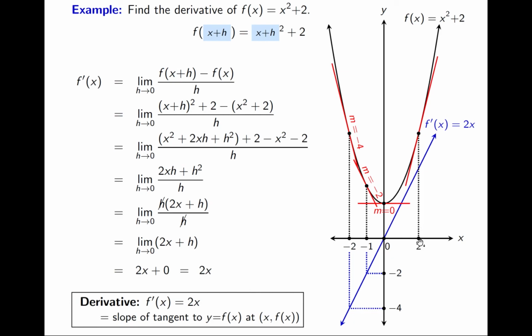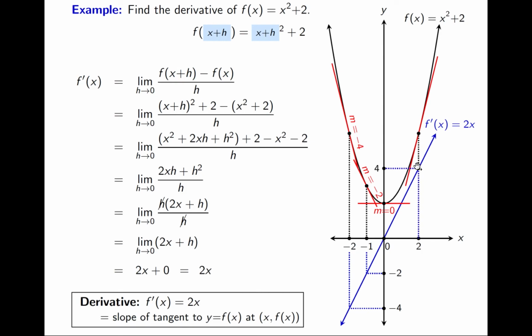And finally, let's take x equals 2, go up to the graph, look at that tangent line. The derivative is going to give us the slope of this tangent line. Let's see, and it looks like this tangent line has positive slope. Let's see what the derivative tells us. If you plug in 2 into f prime of x, that's 2 times 2.